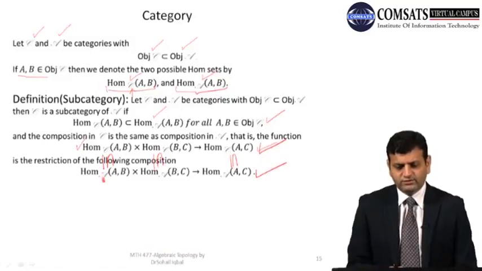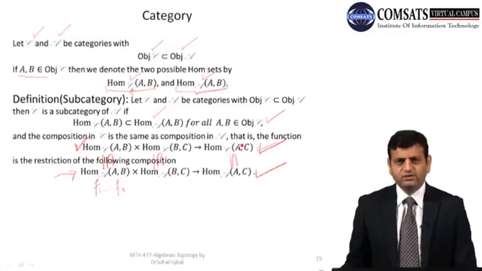So for example, if I have elements F1 up to Fn, then some of these elements may not be in this set. So the composition rule is the same, but it has been restricted, so we are ignoring some functions. This composition rule should be the same in the subcategory.